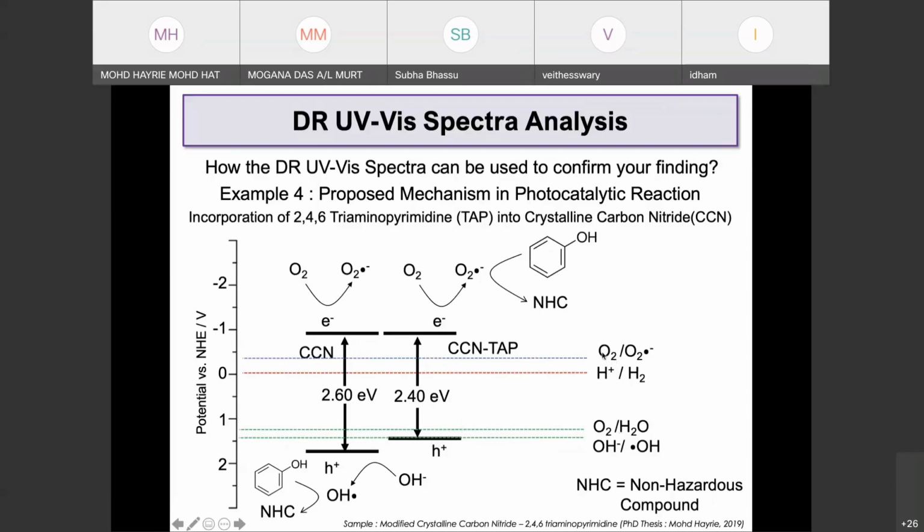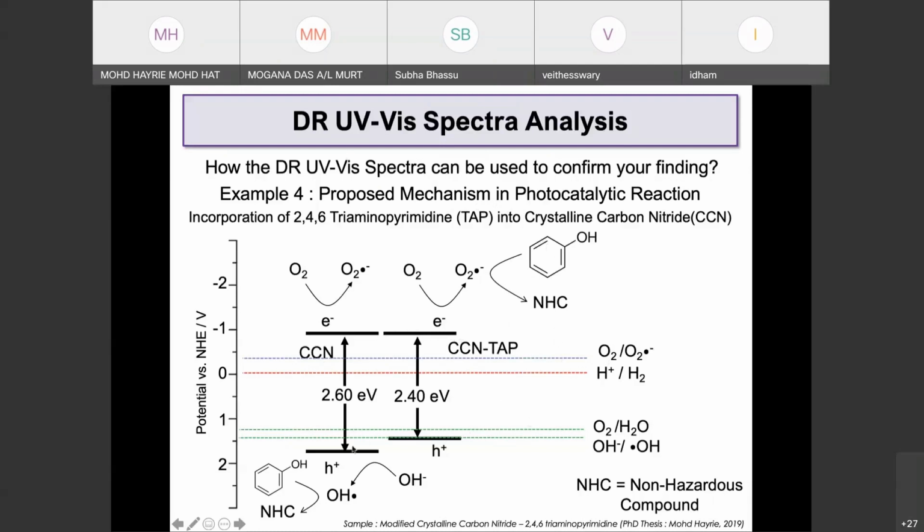For example, in order for the oxygen to be reduced to the superoxide, the conduction band must have a much more negative value compared to the standard reduction potential of the oxygen. So this band gap energy value can help you to determine the proposed mechanism.